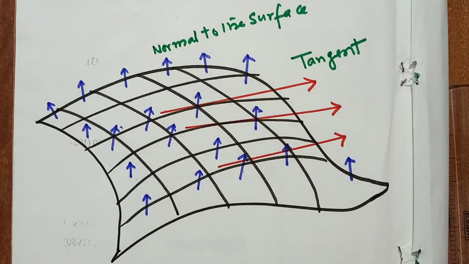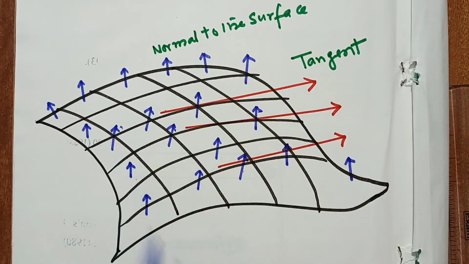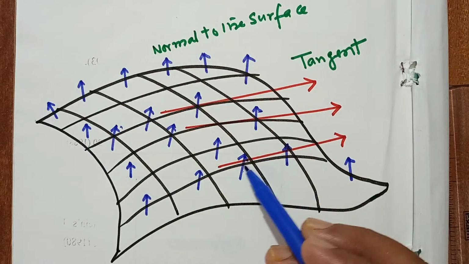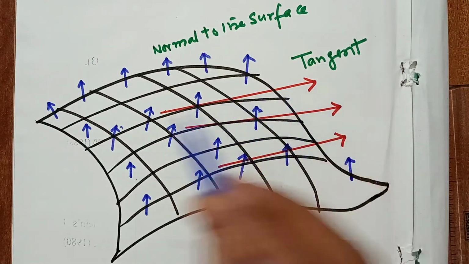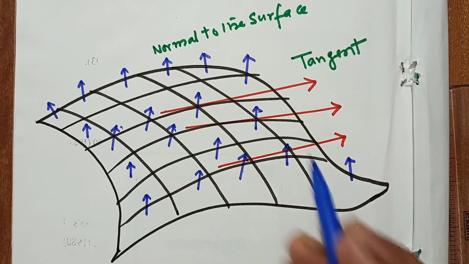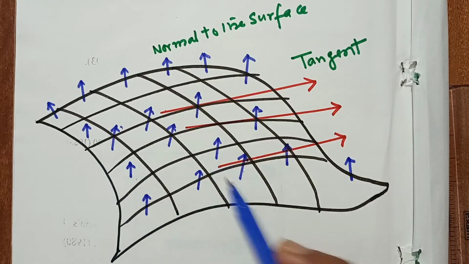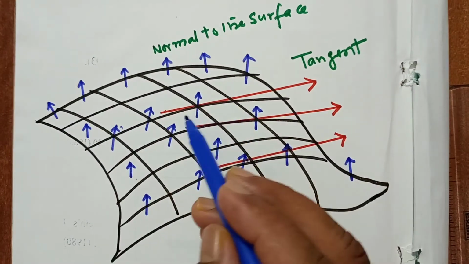Suppose this is a surface, and these are curves. For any point on these curves we draw tangents. On the surface, U is a function of x1, x2 up to xn, so the direction of the gradient is normal to the surface. These are the gradients, and this is the tangent.